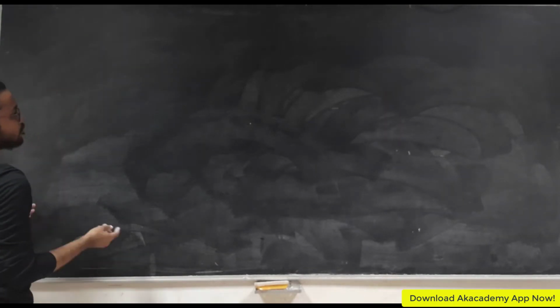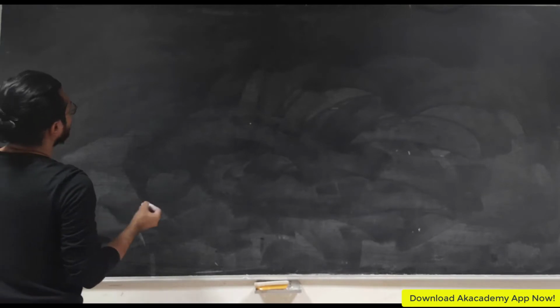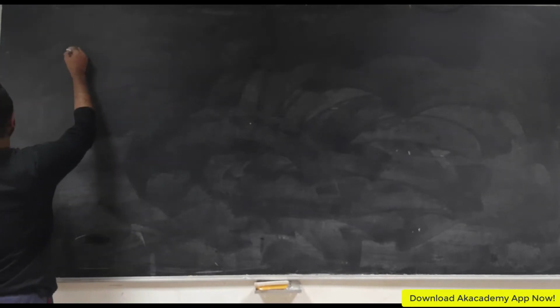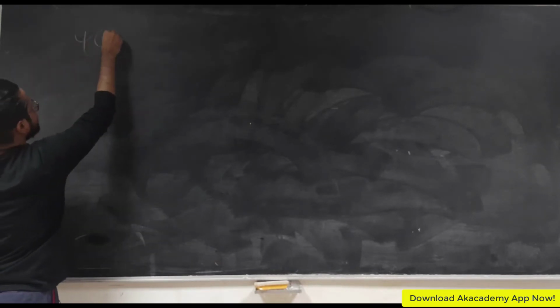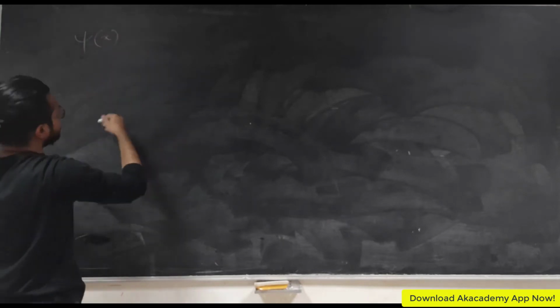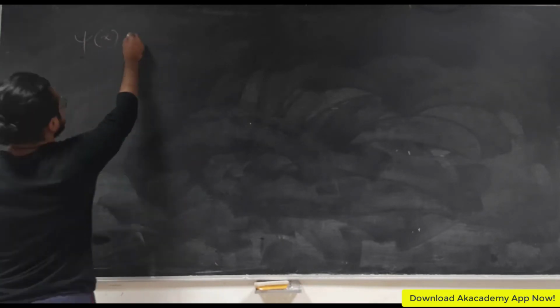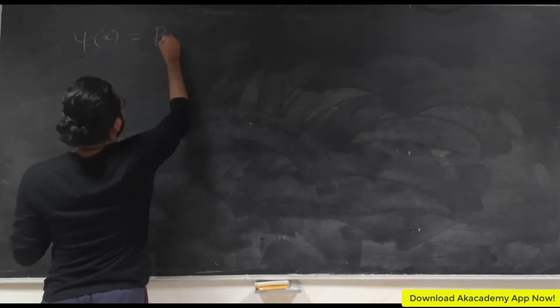We know that psi of x, or in that case phi of x, let's call it psi, is the probability amplitude.